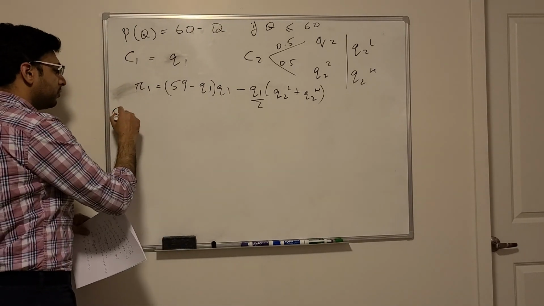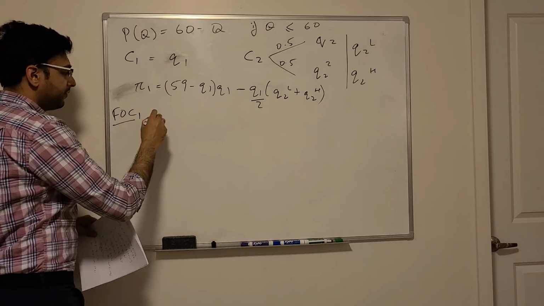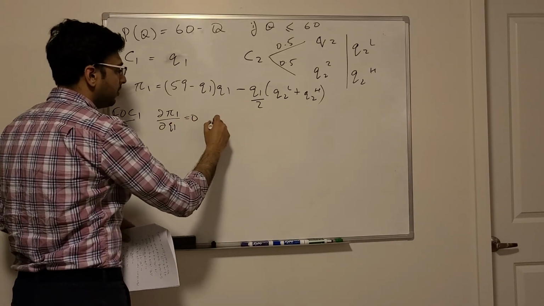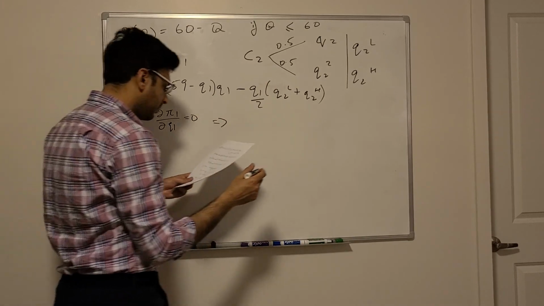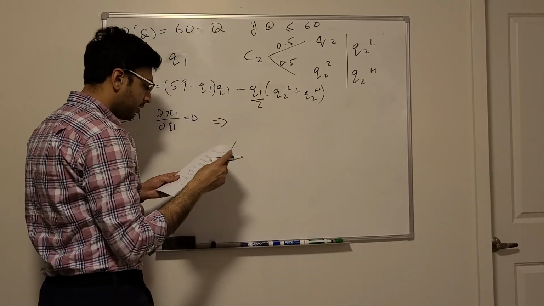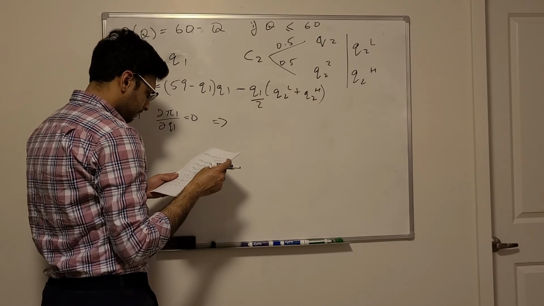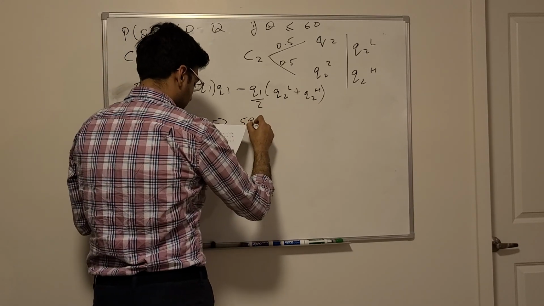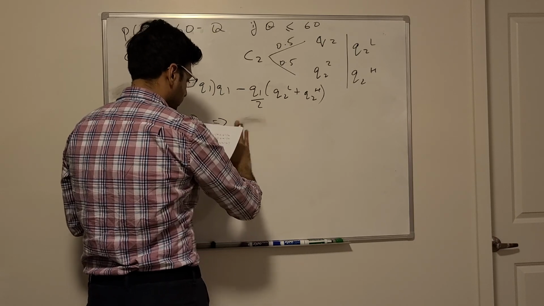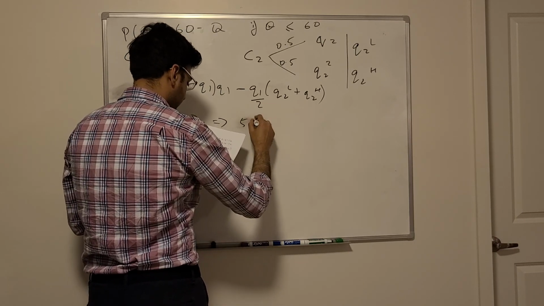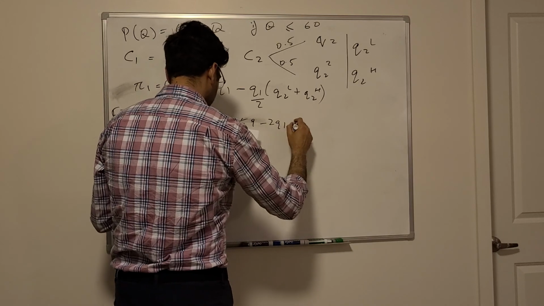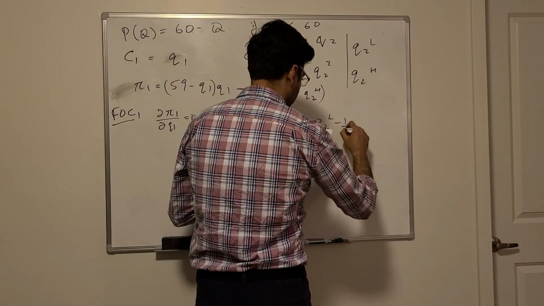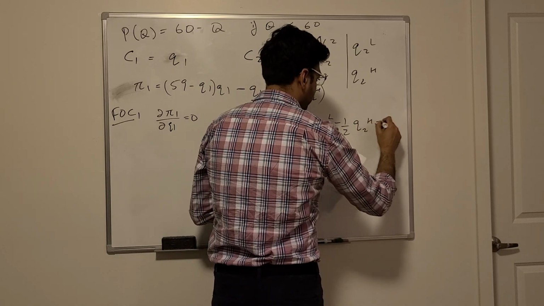When you take the first order condition for the first term, del pi 1 over del Q1 should equal 0, and that implies that you get this equation where 59 minus 2Q1 minus 1/2 Q2L minus 1/2 Q2H equals 0.